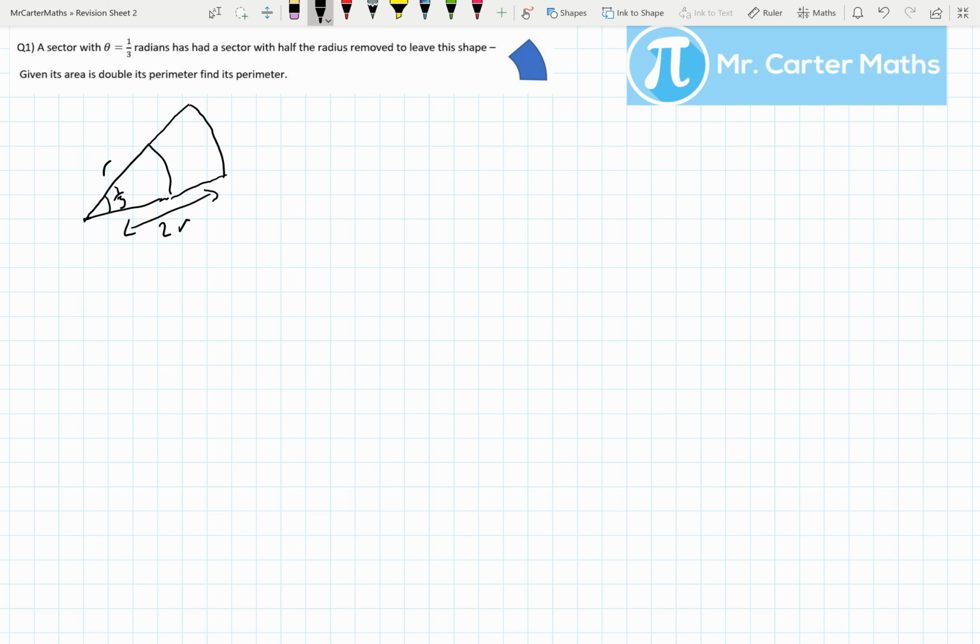I've been told the area is double its perimeter, so you have to multiply the perimeter by 2 to get the area. That gives me somewhere nice and easy to start: I want an expression for the perimeter of this blue shape and an expression for the area of this blue shape. I'm already thinking about sectors.